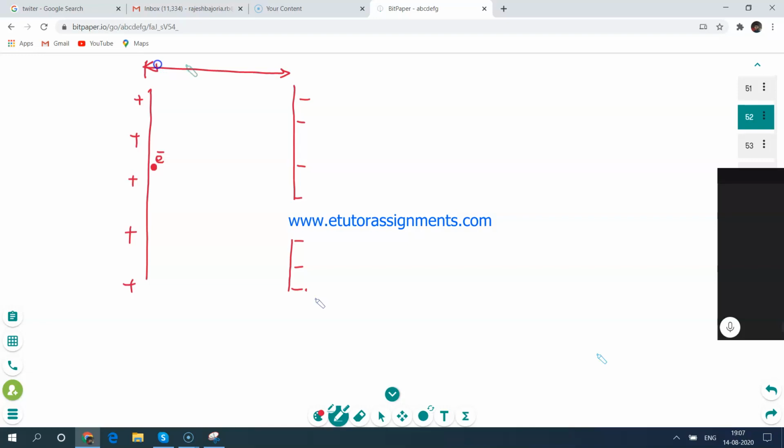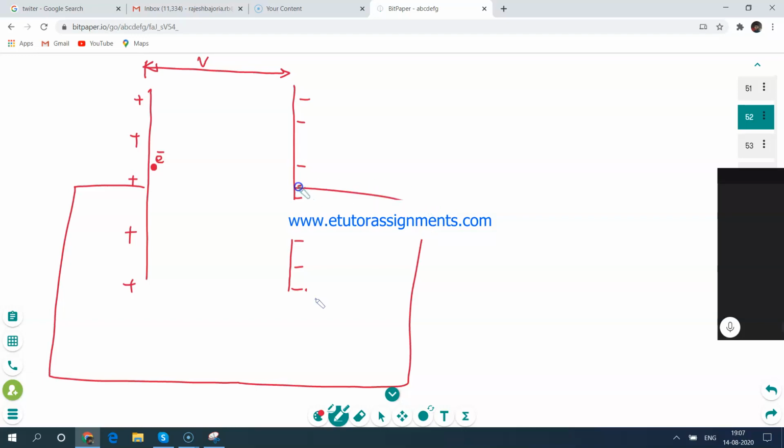We are applying voltage V here. What is the electric potential energy of this electron? The energy of this electron is going to be this voltage, no?